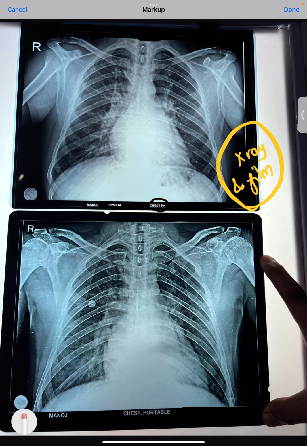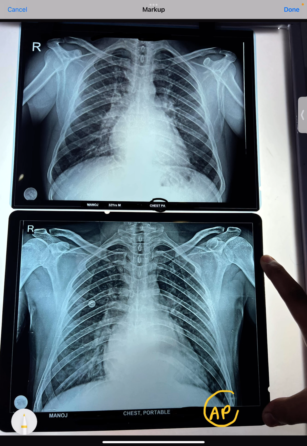Now, what exactly I want to tell in this X-ray film is whenever we see an X-ray which is posterior anterior or anteroposterior, so this is the X-ray film which is taken in anteroposterior direction.